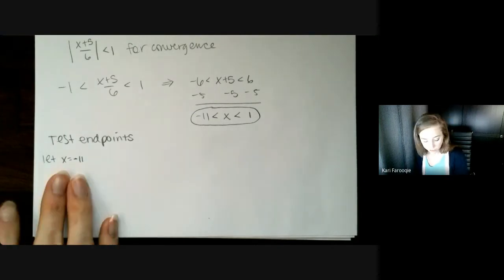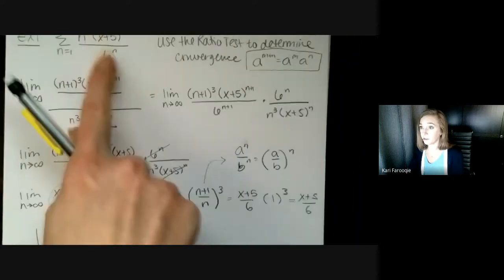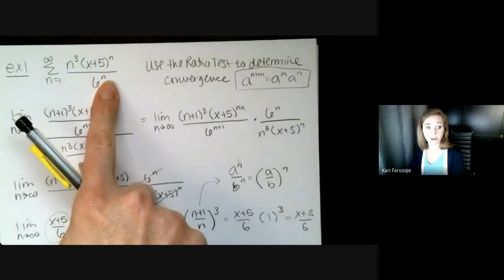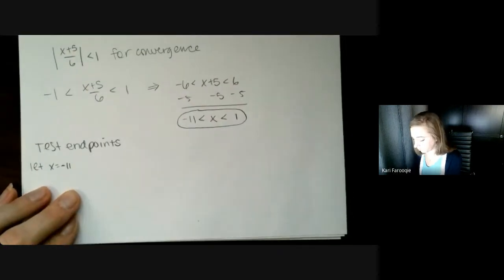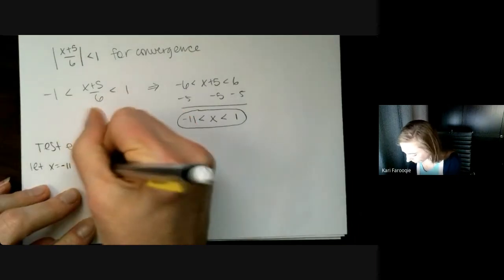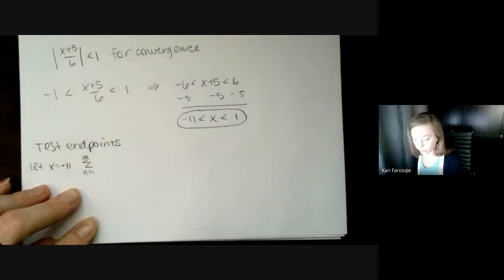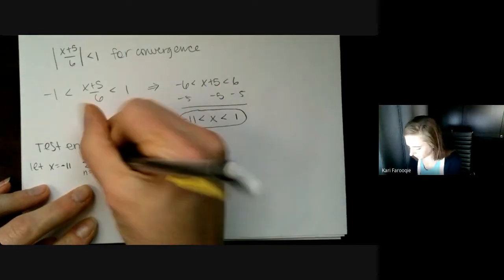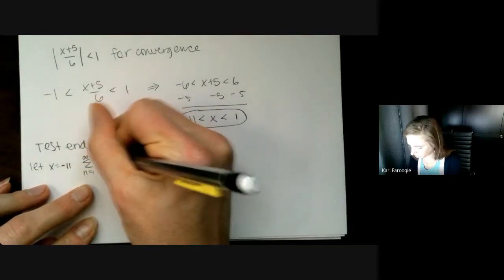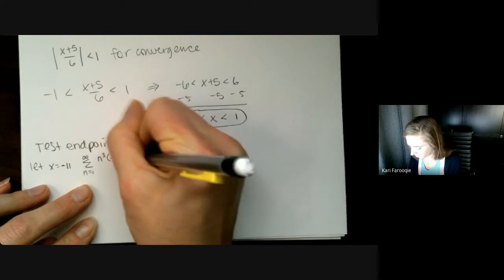Now, what I'm going to have to do here is pull the function back up. So this is the one that I'm going to use, and I'm going to let x be -11, and we're going to simplify it and see what happens with the series that we end up getting. So this is going to go like the series that you have from 1 to infinity. The n cubed is not going to change, and we're letting x be -11.